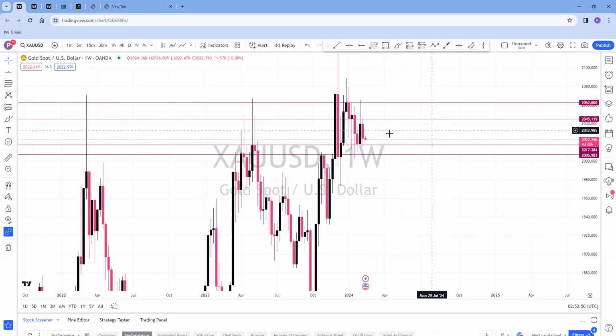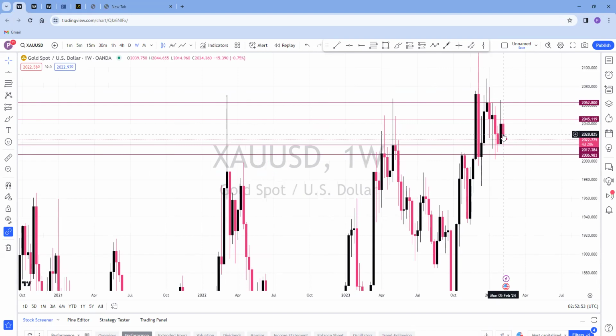Now, if you look at weekly, let's look at last week's candle. Last week's candle closed bearish, but because two weeks ago's candle was bullish, and last week's bearish candle didn't close below the opening price of the bullish candle, instead it closed halfway of the bullish candle, meaning there is a possibility for the market to keep flying, but there is also a possibility for the market to test 2020 or the push to the upside may happen.